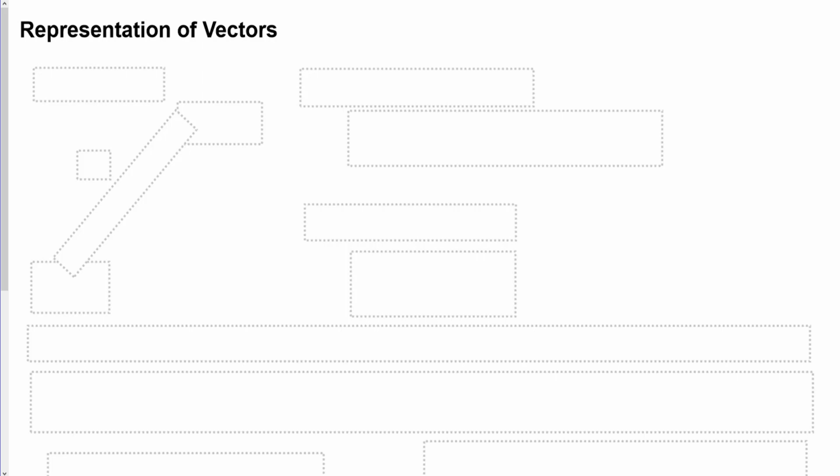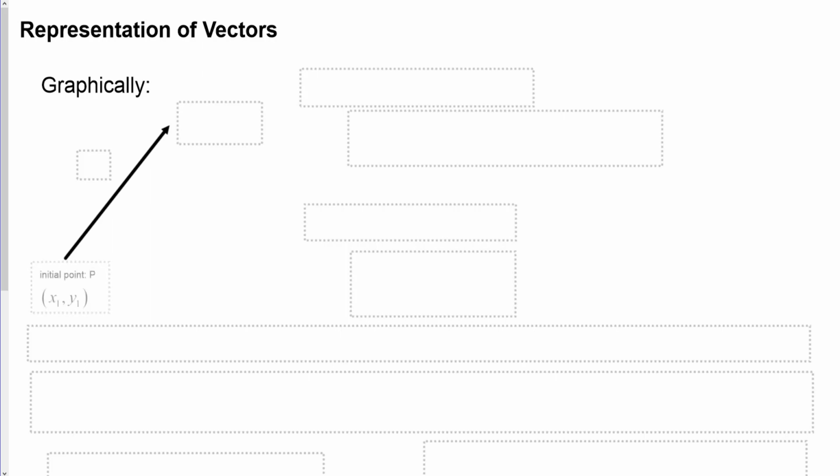So the representation of vectors. Graphically, a vector is a directed line segment, which you can think of as just a line with an arrow. It has an initial point, which we generally will call P, give it some label, maybe describe it by the coordinates of that initial point, and a terminal point, which you can label as well and give it coordinates if you need to.